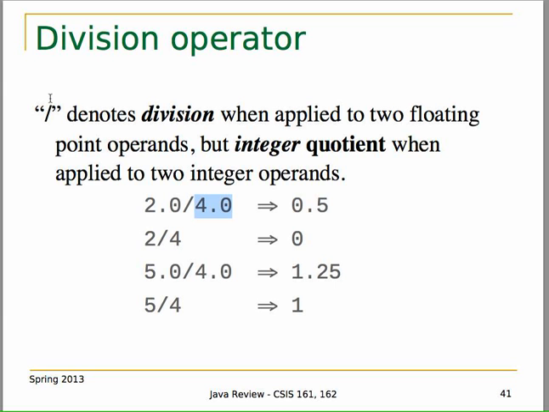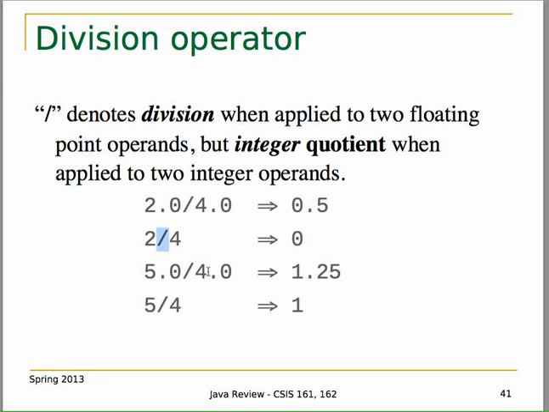So this / denotes division when applied to two floating point operands, but integer quotient is a little bit different. Integer division or integer quotient, it's the same thing. The important thing to keep in mind is that when you divide integers, you throw away the fractional part.